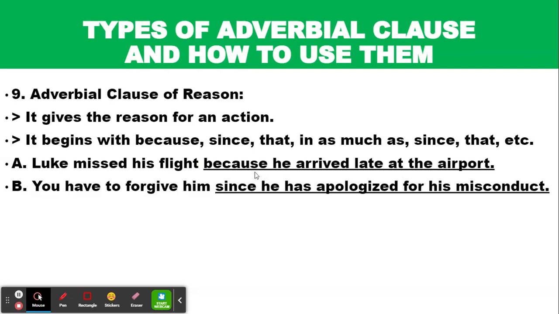Well, not perfectly fitting in, but can be used. But because can perfectly fit in here in the second example. You have to forgive him because he has apologized for his misconduct. You see, this fits in perfectly.